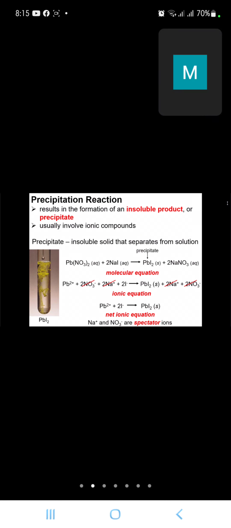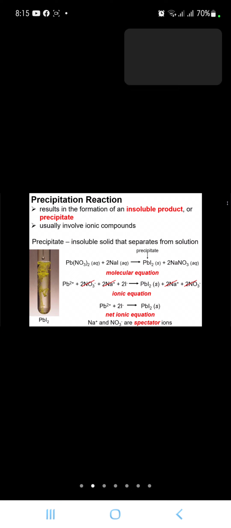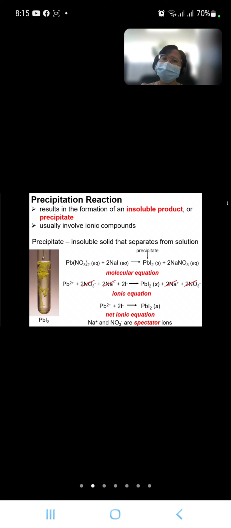Cannot dissolve. Okay, thank you, Ma'am Felmi. Insoluble means cannot be dissolved. This insoluble product is called precipitate. In other words, it will result in the formation of a solid substance.